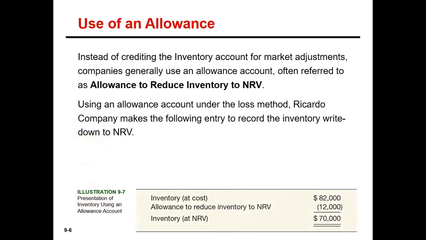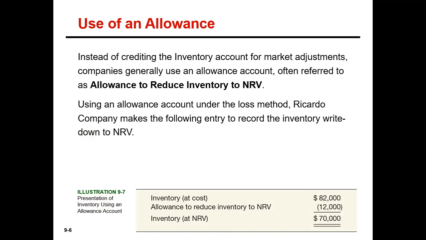All right, so the use of an allowance, when we are adjusting inventory down to net realizable value. Like it shows here, instead of directly crediting the inventory account for market adjustments, companies can use an allowance account, and usually they would call that the allowance to reduce inventory to net realizable value.